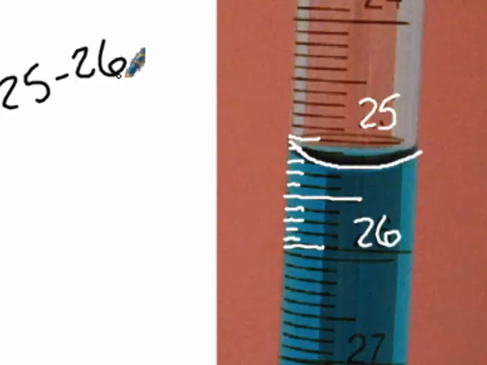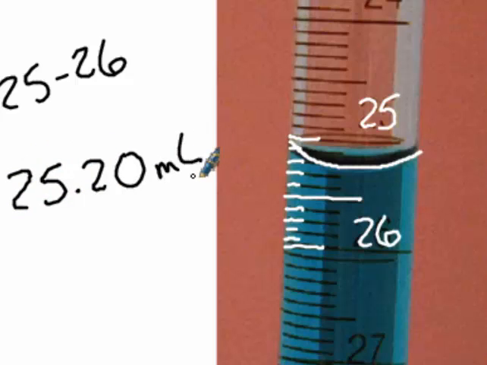We can read up into the 10th place. So 25.20 milliliters. If you can read to the 10th place, then you should have to the 100th place on your reading because it's what you can read accurately plus 1 more.